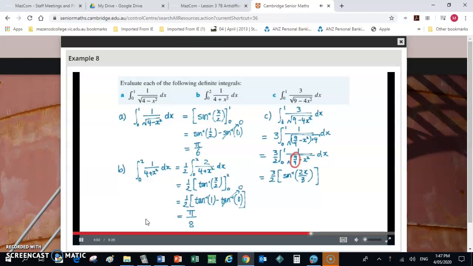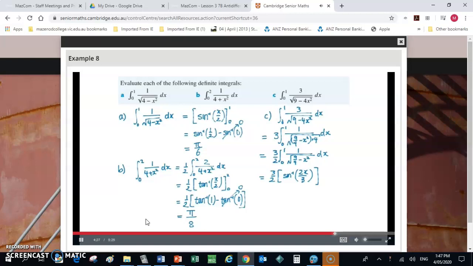And you need to remember and not be tricked by that. So a squared is 9 on 4, a is 3 on 2, x divided by 3 on 2 is 2x over 3. And then we recognise that we've got terminals of 1 and 0.